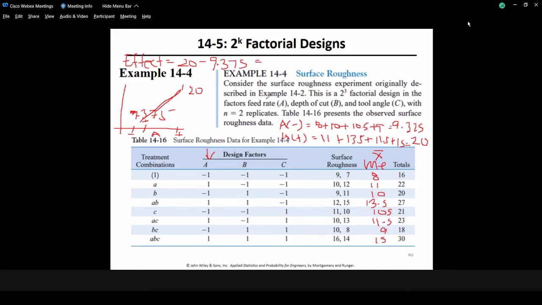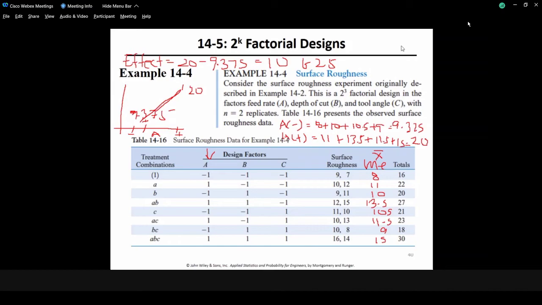Is it correct? 29.375? 10 points, I don't know. 10, is it correct? 10.625. It should be similar using the formula. I don't know. Is it correct or not? 10.625.